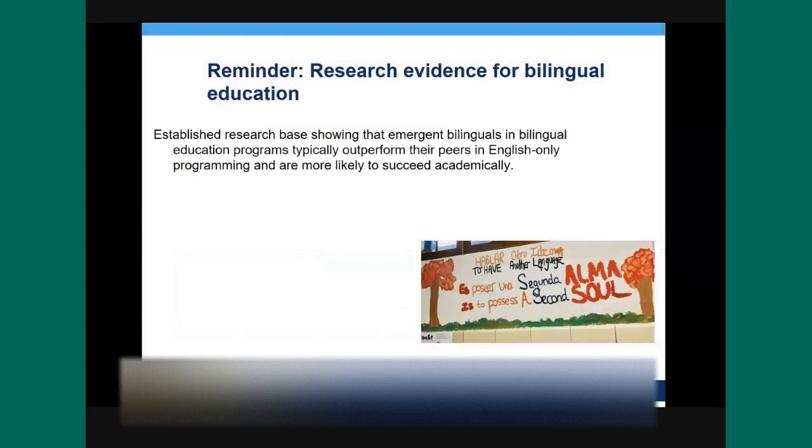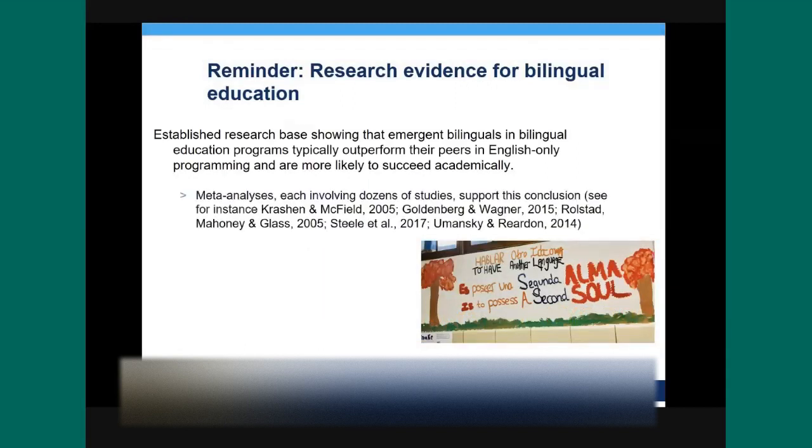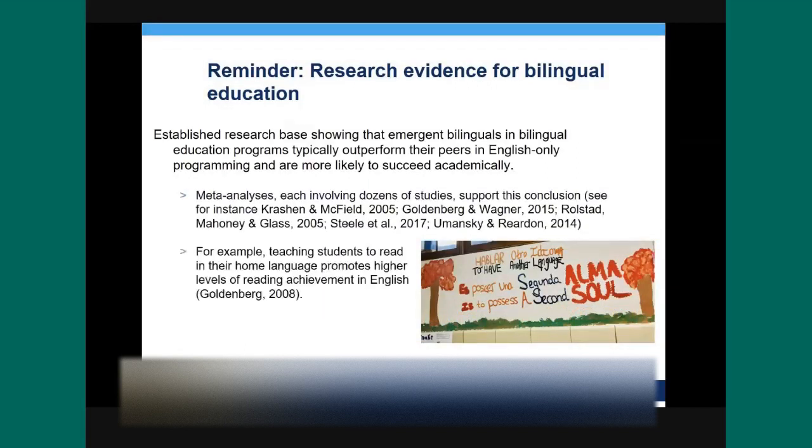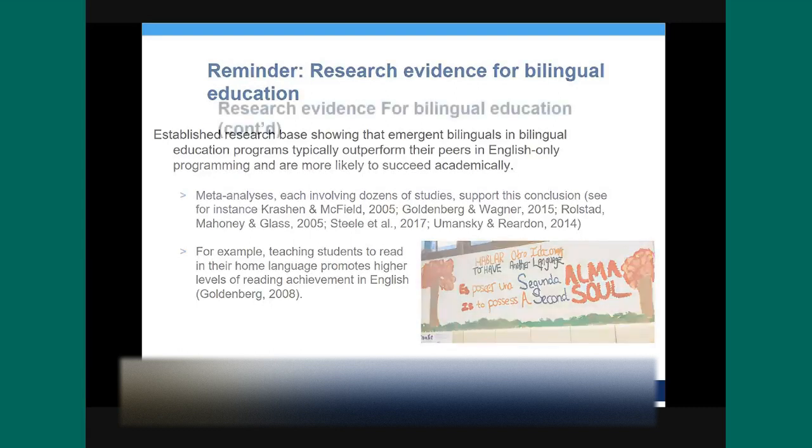So research has established over and over again that bilingual education for English language learners in the long run results in students being able to outperform other English language learners that participate in English only programs. This is for all of our research hawks out there, a great list of authors that have done research on this topic.